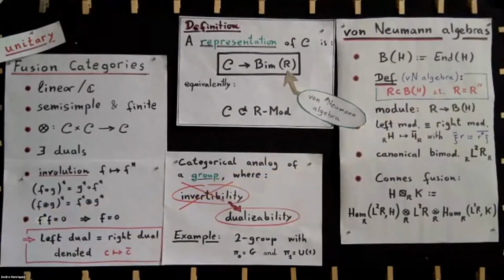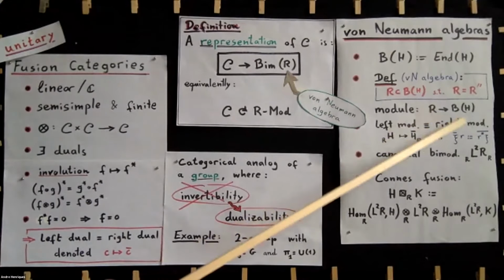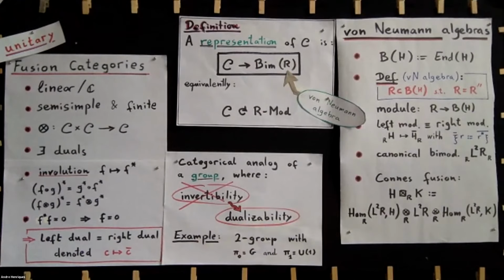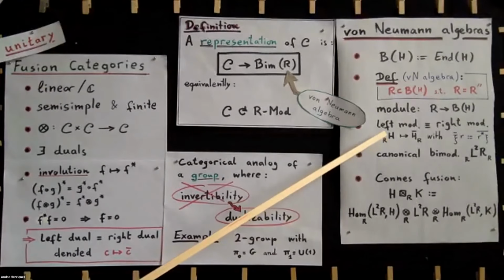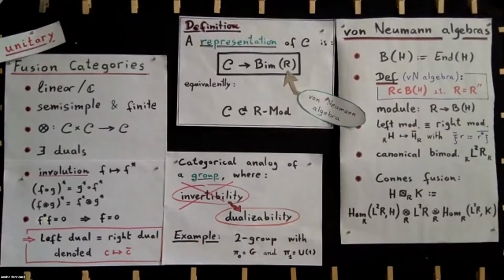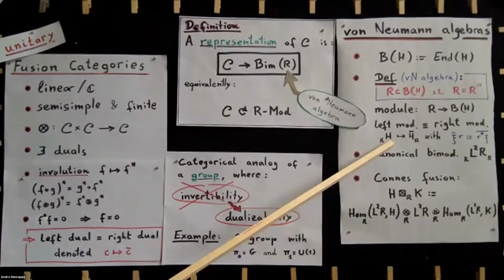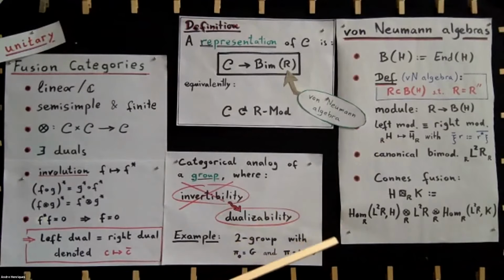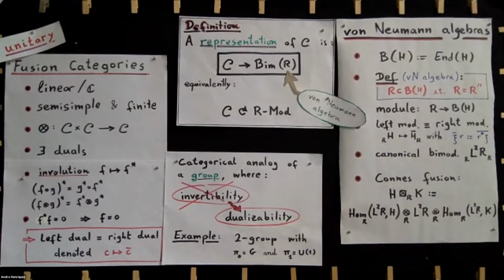And then there's a couple of standard definitions. Suppose I have a von Neumann algebra which is not already represented in some B of H, then a module is a choice of H, and a star algebra homomorphism. There's the same left equals right phenomenon that happens here. Left modules and right modules, you can go back and forth between a left module and a right module by replacing the space on which things act by its complex conjugate with this new action.